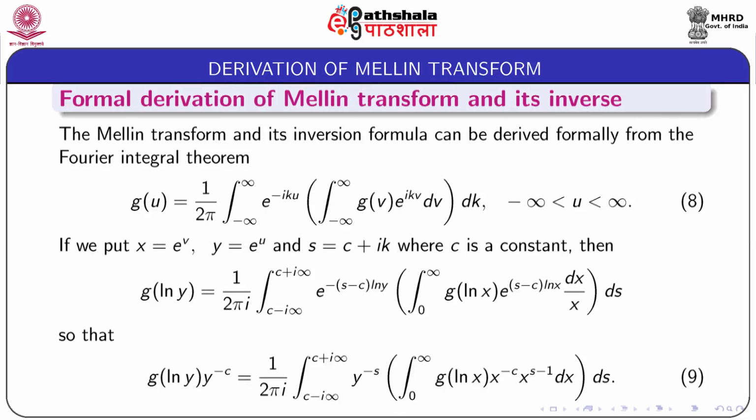Next we come to the formal derivation of the Mellin transform and its inverse. The Mellin transform and its inversion formula can be derived formally from the Fourier integral theorem.